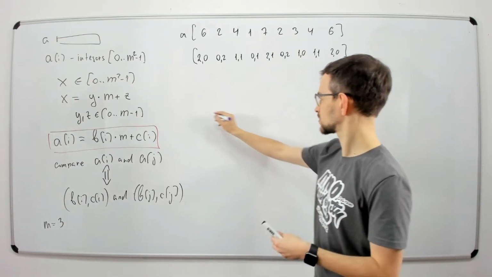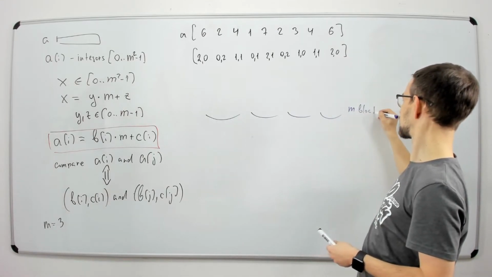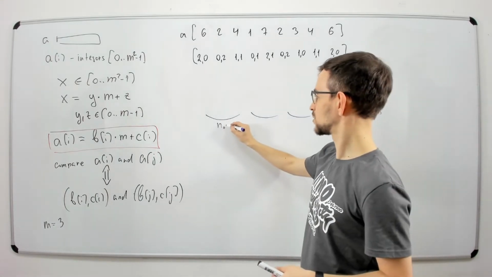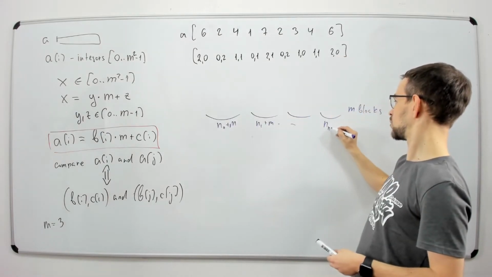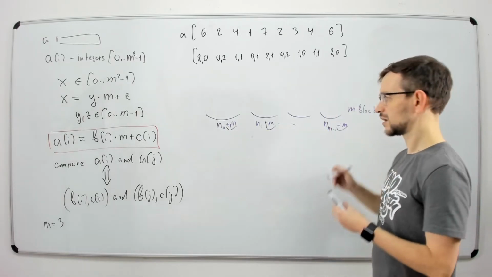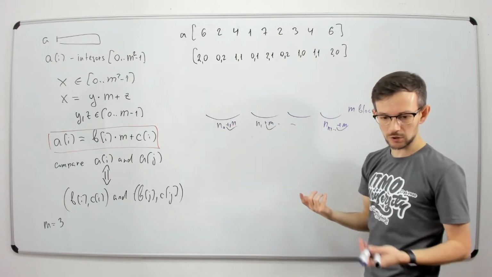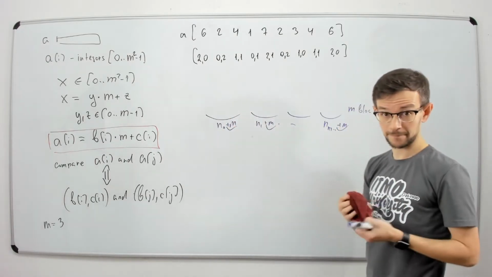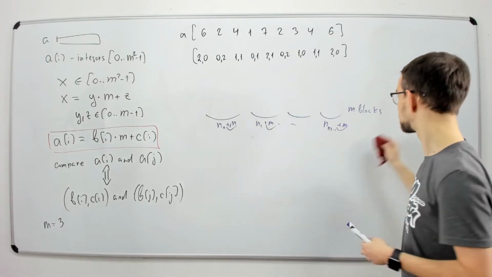We have n0 plus m, n1 plus m, and so on, up to n m minus 1 plus m. And this plus m adds to the complexity of the counting sort for each block. So we have this plus m, m times, so it will be m squared.